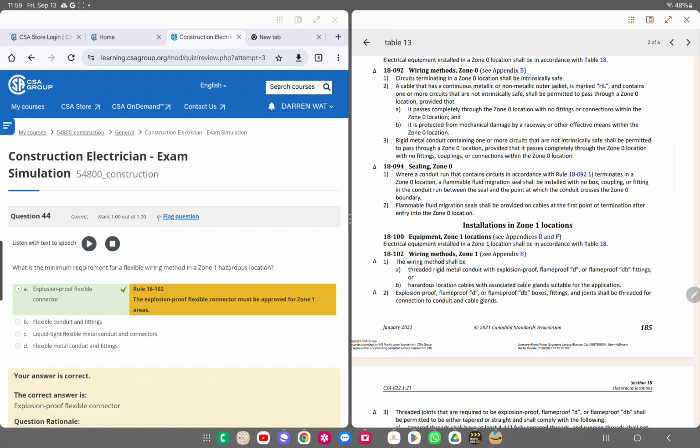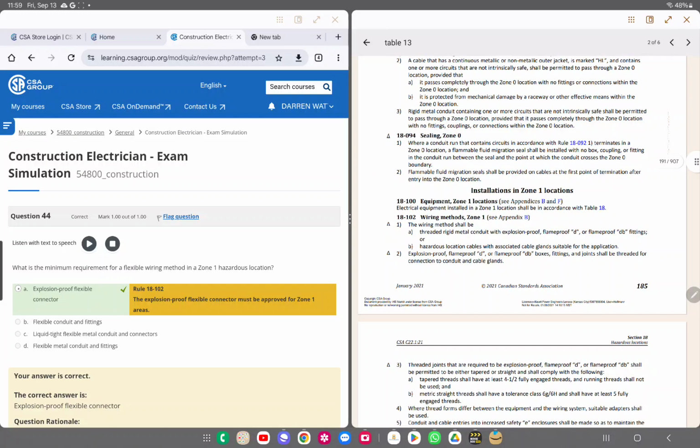I see wiring methods zone 1, and we got the wiring method shall be threaded rigid metal conduit with explosion-proof, flame-proof, or flame-proof DB fittings, or hazardous location cables with associated cable glands suitable for their applications. Explosion-proof, flame-proof fittings and joints shall be threaded for connection.